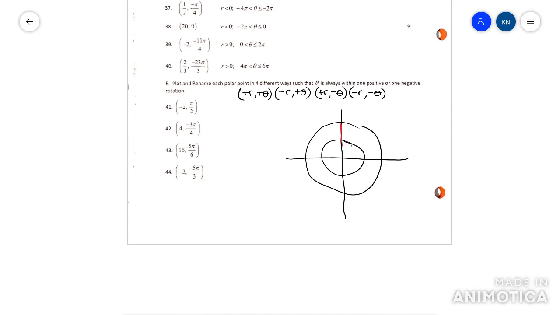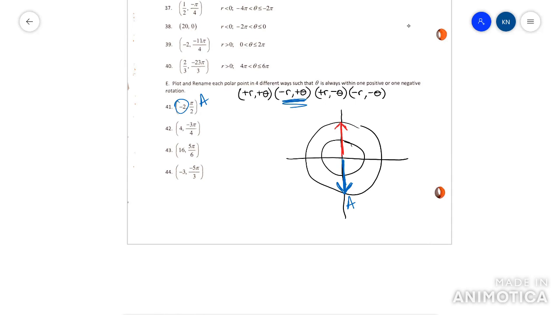Here's where normal would be, but since there's the pivot of the -2, it puts you here. So the actual location, we'll call this point A. Point A is right there, not on the red. All right. So this one that they gave me was a -r positive theta.